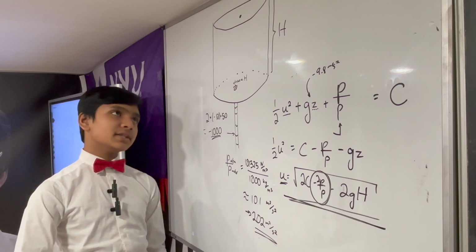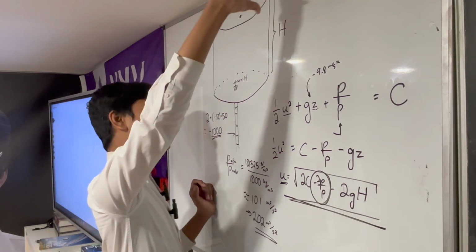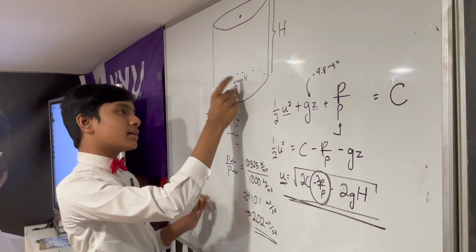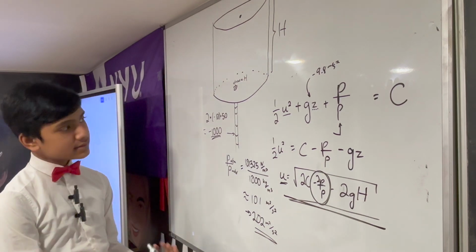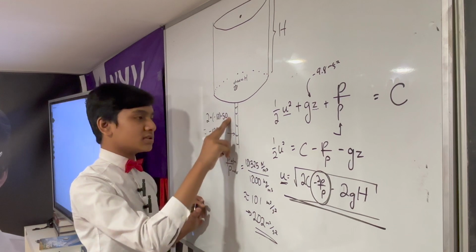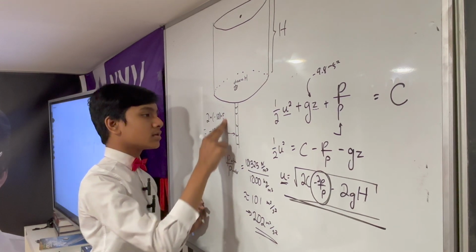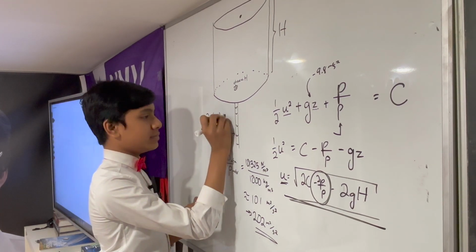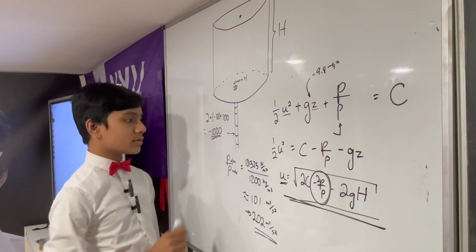And then when you consider just how big h is in respect to d, this could be as big as, say, 500. Well, no, that's like Burj Khalifa levels. This could be maybe even 100 meters tall, for example.